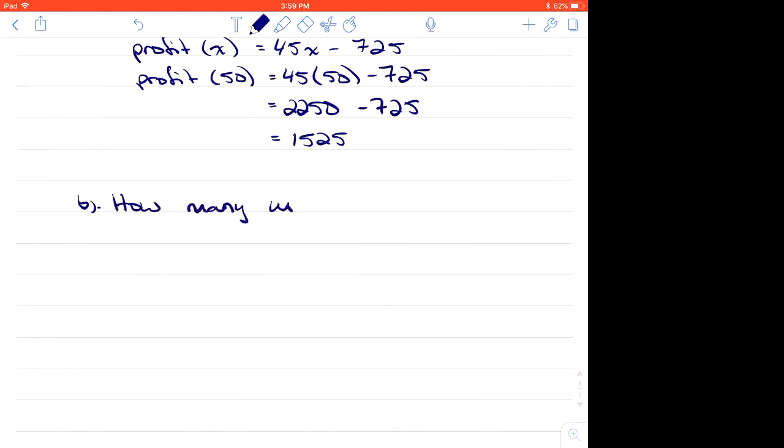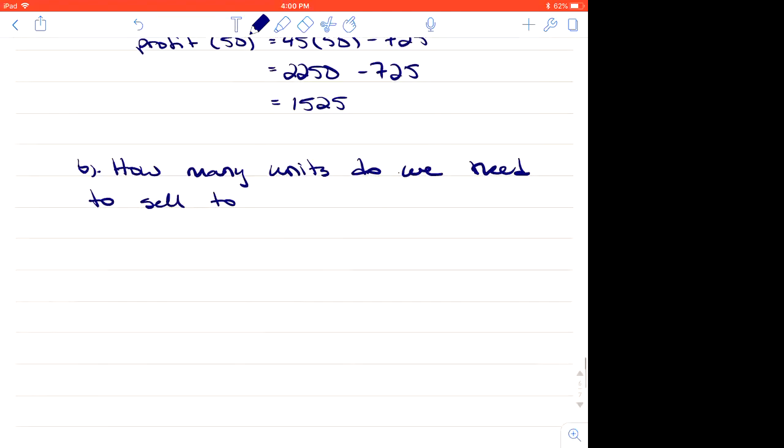How many units do we need to sell to make $0 in profit?